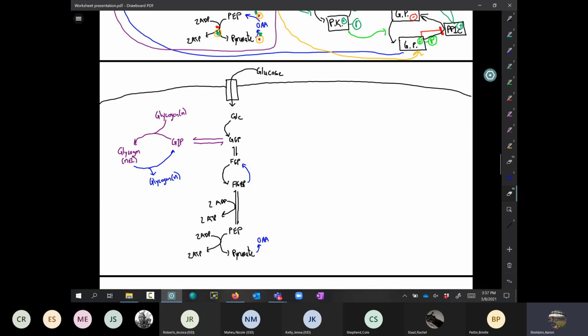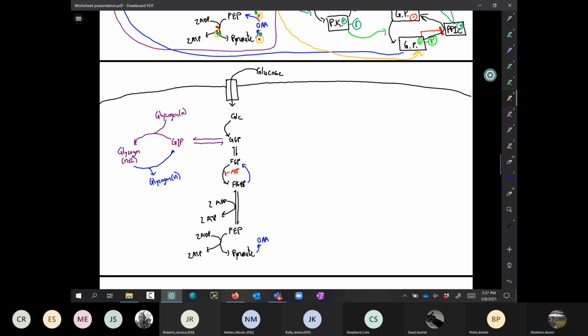So let's just think real quickly about what we talked about at rest. At rest, your muscle cells are going to have quite a bit of ATP just not being used, so there will be a fairly high concentration of ATP, and ATP inhibits this.